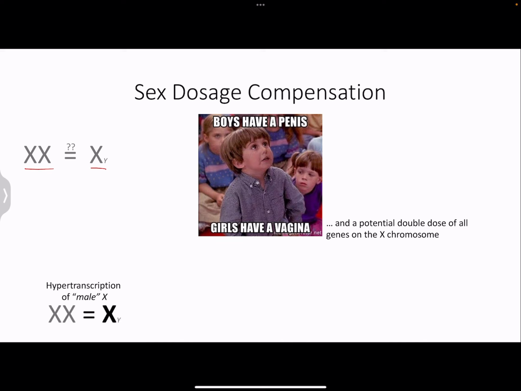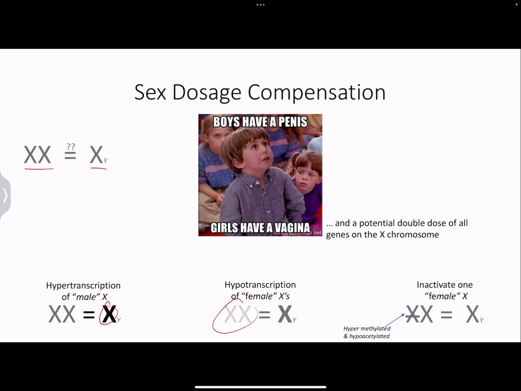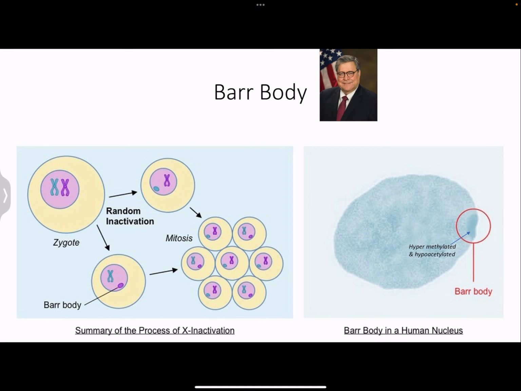And so a couple possibilities is we could have more transcription in the male X, we could have less transcription in the female X, or, and this is what actually happens in our case, you can inactivate one of these X's. And these are called bar bodies. So here's a zygote, here's two functional X's, and then pretty early on during embryology as we're forming a blastula and a gastrula and whatnot, one X chromosome or the other will inactivate.